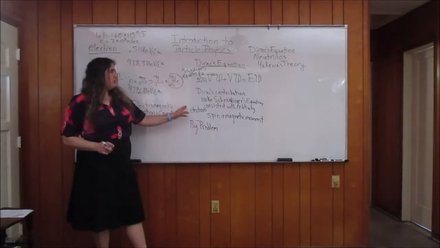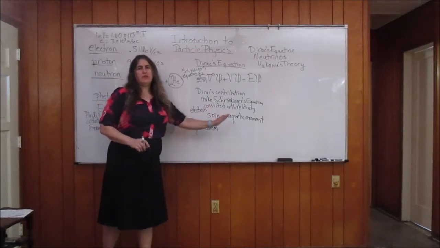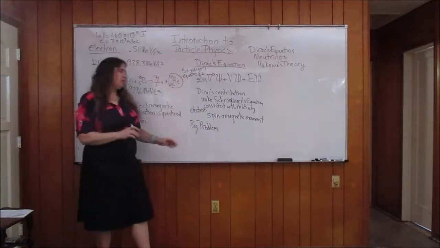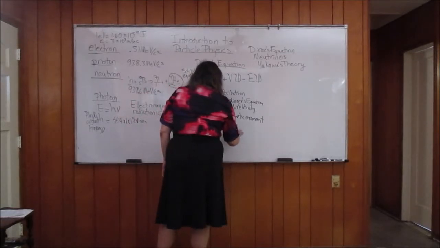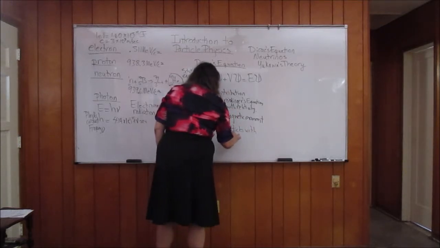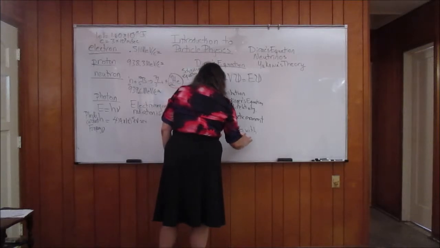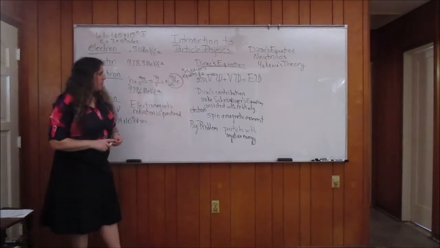His equations, Dirac's equation, not only predicted this characteristic of electrons, it also predicted that there were particles with negative energy. So how to explain that away?